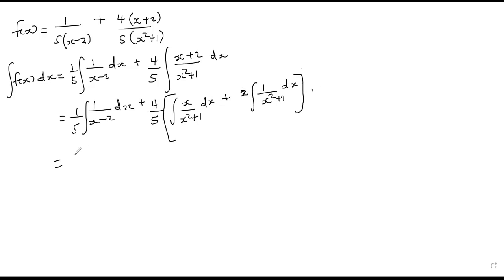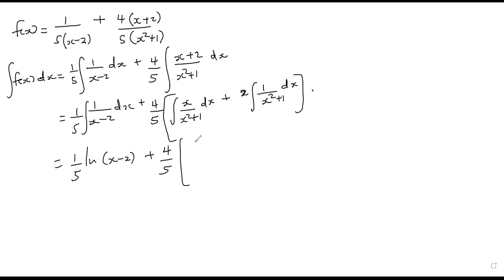So this one is going to give me 1 over 5 ln. Why ln? Because when I differentiate this, I get 1. So it is going to be ln x minus 2 plus 4 over 5. When you integrate x over x squared plus 1, you get a half ln.